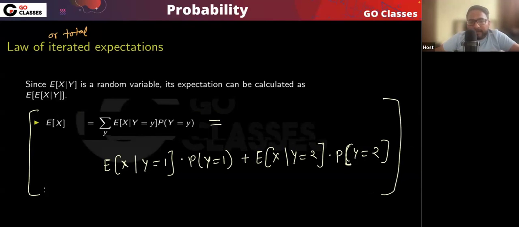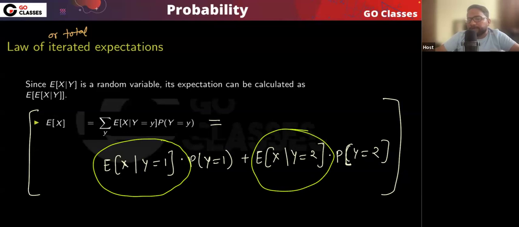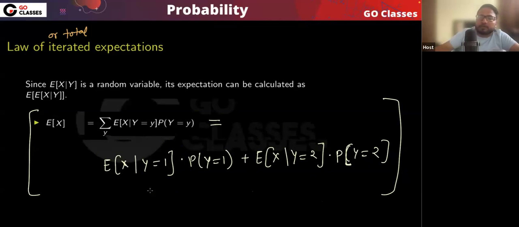Tell me, if I treat this whole thing as just one random variable kind of thing. For example, let's suppose I treat this whole thing as g of y, some function of random variable y, into probability of y being 1, plus, you can say g of 1 basically, that doesn't matter.